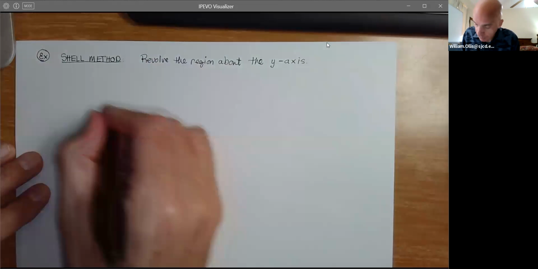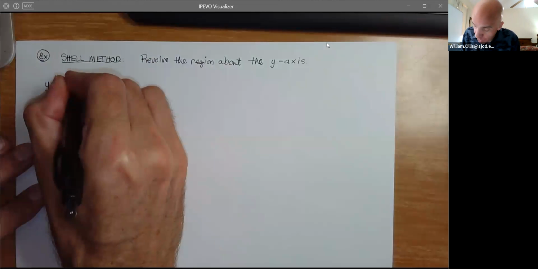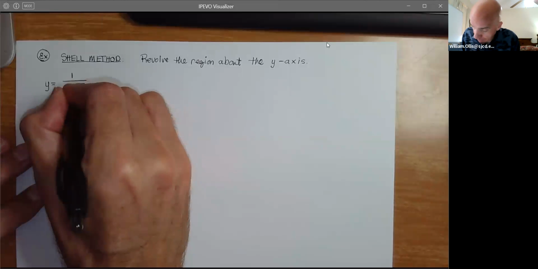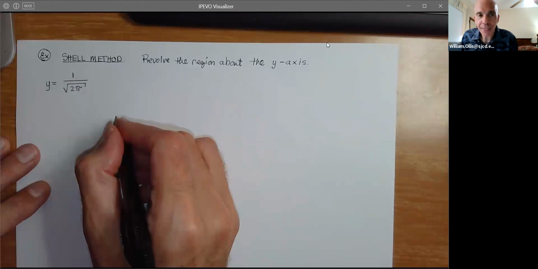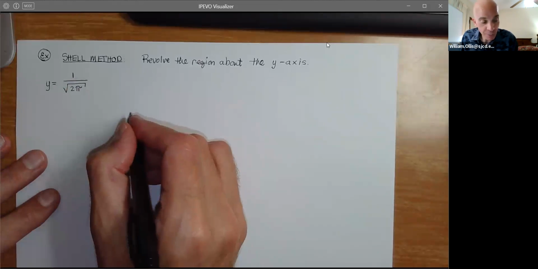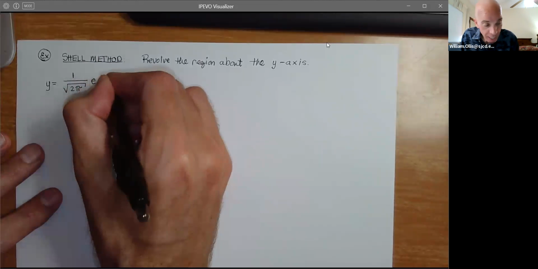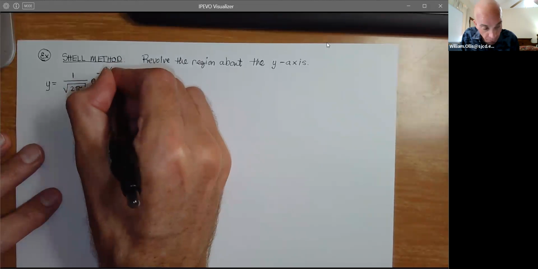And here's the region. It's defined by y. So these are probability functions. Looks like the normal distribution. Yep. Theoretical probability and statistics, that will challenge you. That's real analysis. That is some good stuff, but it will challenge you. So we have e to the negative x squared over 3.